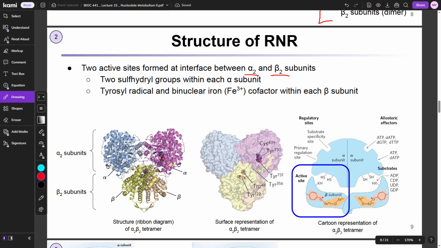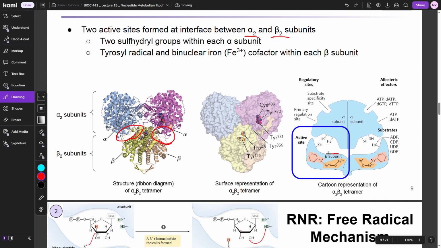Basically what you should see here is there's an active site here and here. So in this image we have this active site right here and an active site here. So you can do two at the same time. And remember, these beta subunits down here are for the radical generation, and these up here are for the catalytic sites, right? So these are mostly where the catalysis actually takes place.